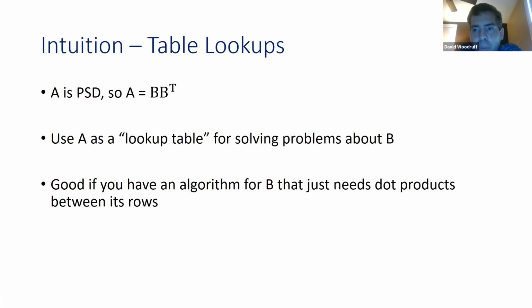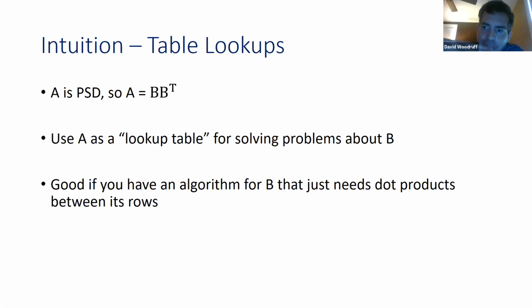For example, one such algorithm is to sample a row of B proportional to its squared norm. Now you have that row. And now you want to sample another row of B proportional to its distance to the row that you've already sampled. Well, you just need the dot product of that new row with the row that you've already selected. Now you have 2 rows. And now you want to sample another row proportional now to its distance to the span of the first 2 rows you've already sampled.